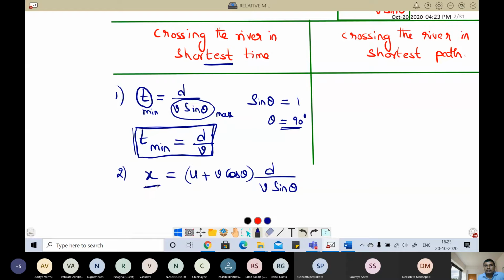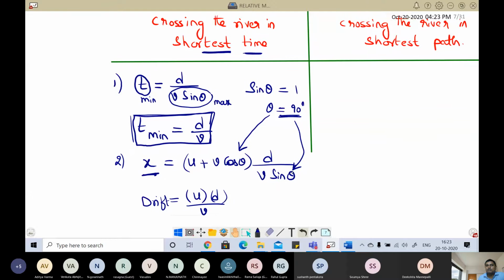We are calculating drift in the shortest time case. So for that angle is 90. So substitute this angle here as well as here. Cos 90 is 0. So therefore u into d divided by v sin 90, so v. So therefore this is called drift.